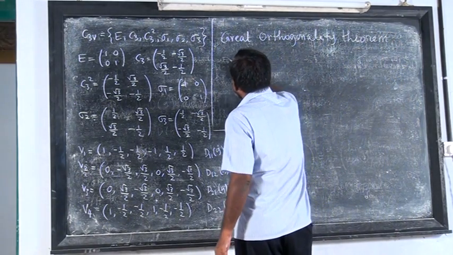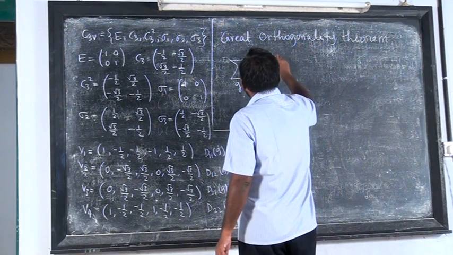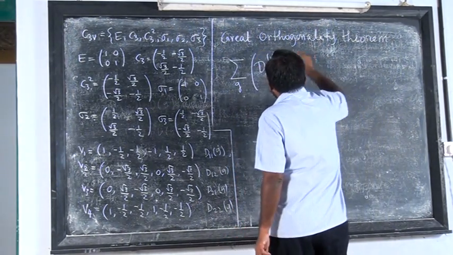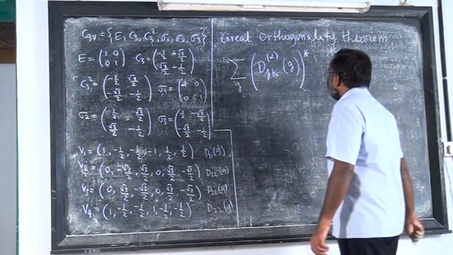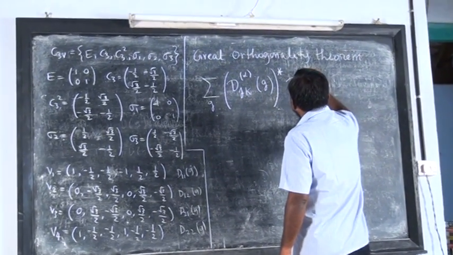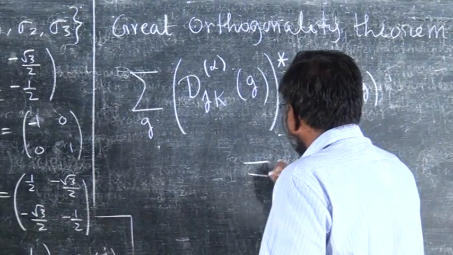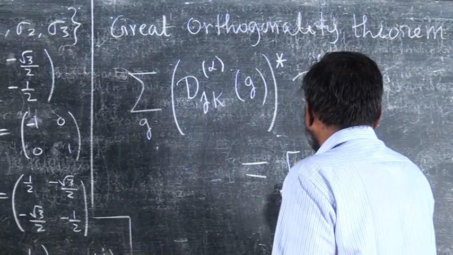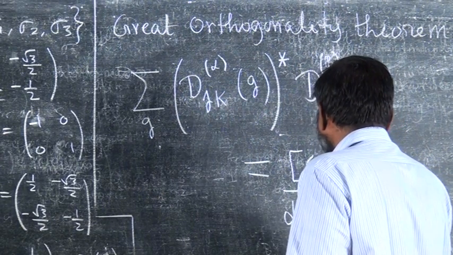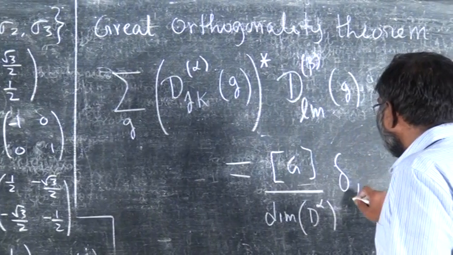That is, sum over all group elements, the jkth element of the alphath representation corresponding to an element G of the group, star, into the lmth element of the beta irreducible representation of the same group element G, is equal to the order of the group divided by the dimension of, I can call it, d alpha, into delta alpha beta.